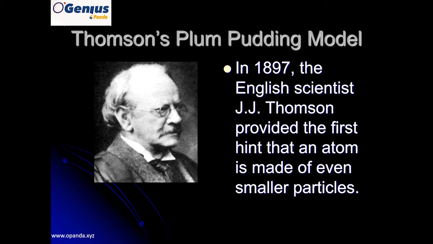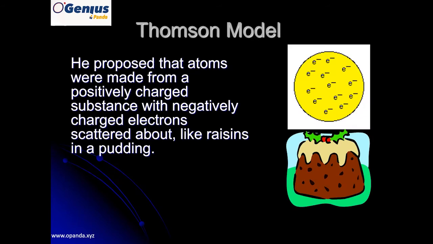In 1897, this English scientist, John Joseph Thomson, provided the first hint that an atom is made of even smaller particles, called electrons. He suggested that an atom is made of a positively charged substance and some negatively charged particles which are scattered in the positive body like raisins in a pudding.